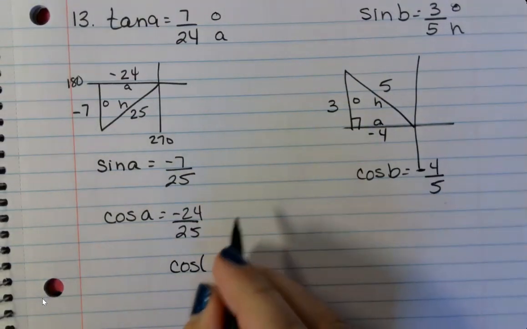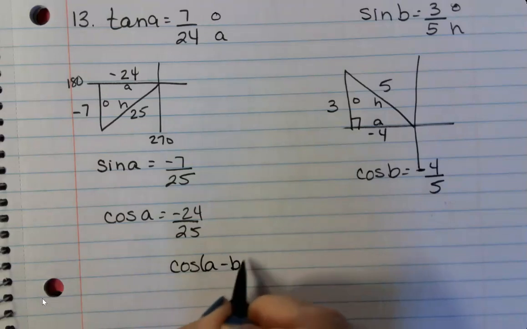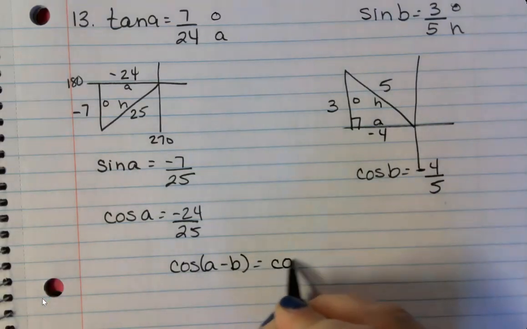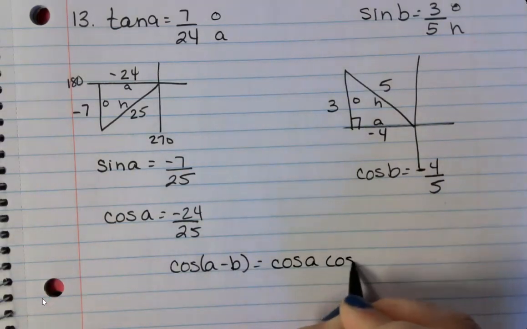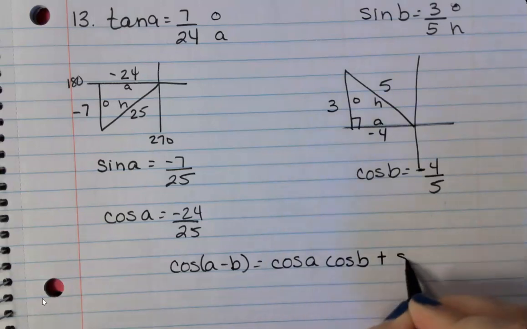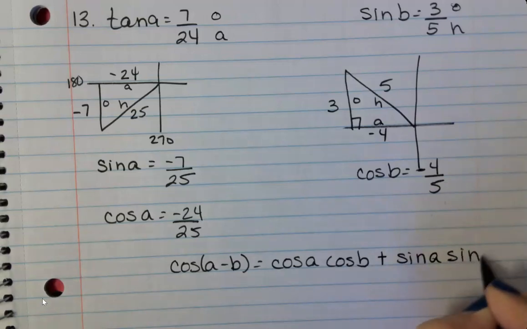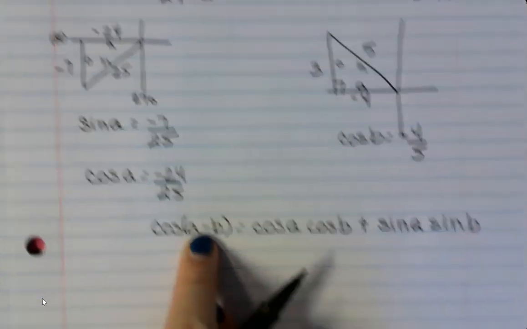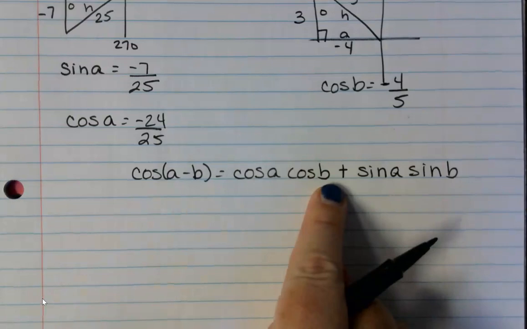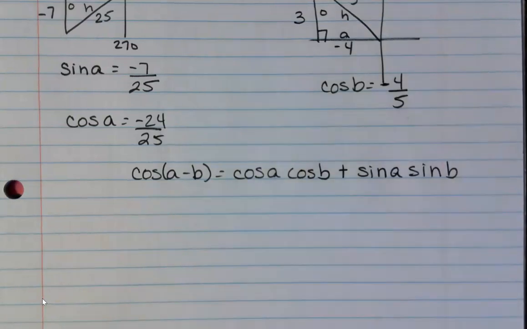And this one, they want us to have cosine of A minus B. So cosine, cosine. Please pay attention: if it's a minus sign in here, it's a plus sign in here. Please, please, please be careful.